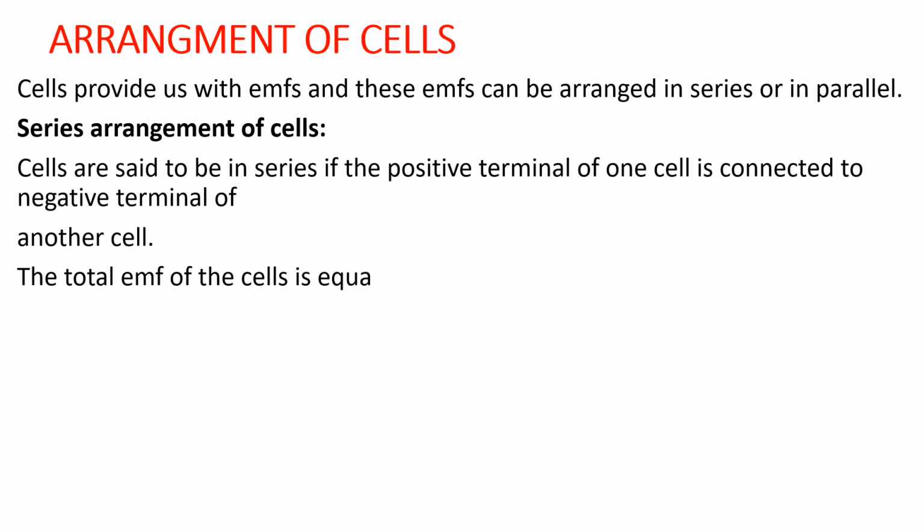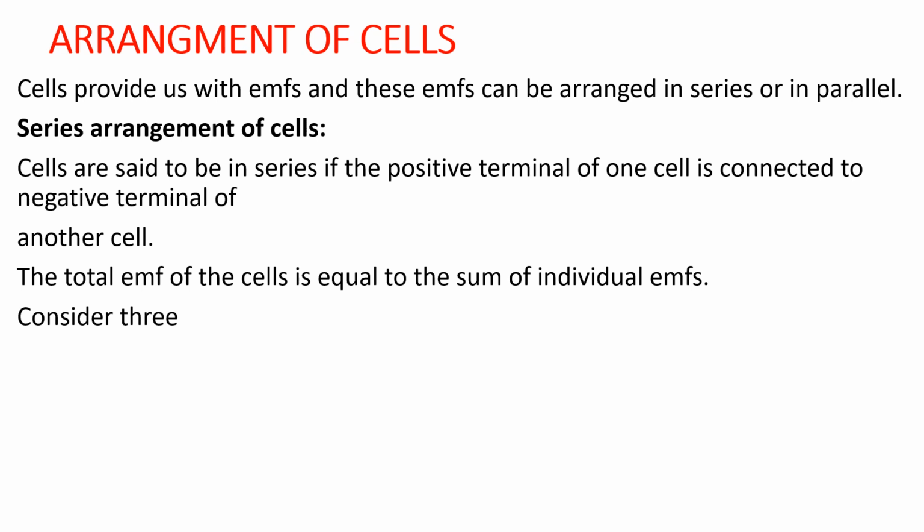The total EMF is equal to the sum of individual EMFs, so these EMFs keep accumulating on adding more dry cells. That's why when you connect a bulb and keep increasing the number of dry cells in series, the brightness of the bulb increases, meaning more current is given out.